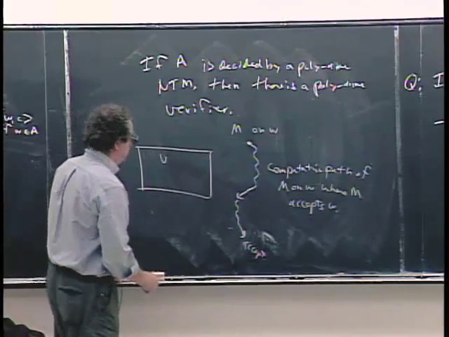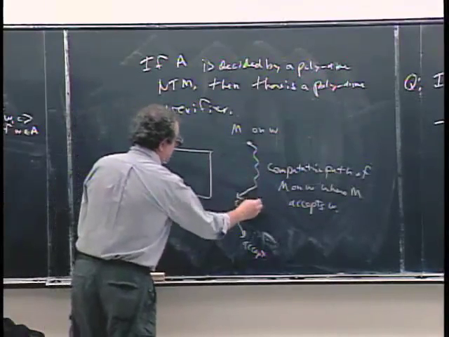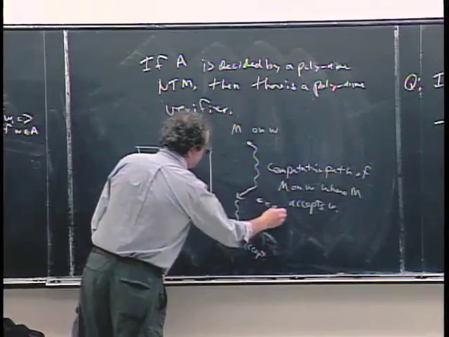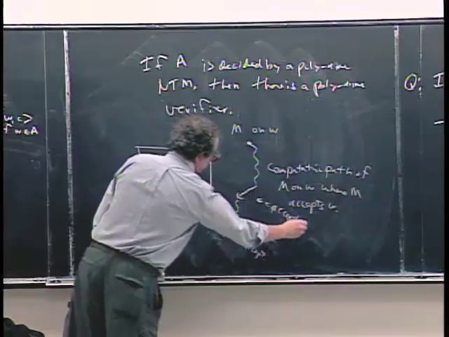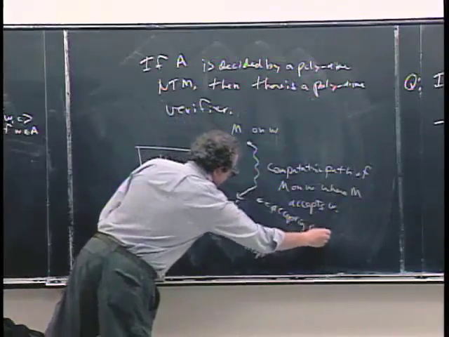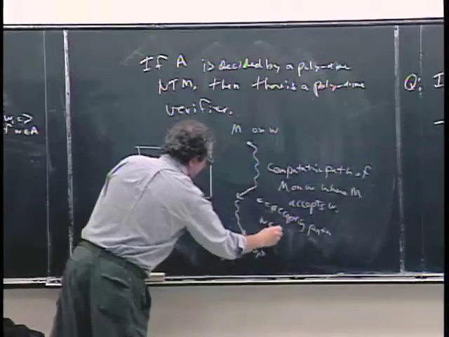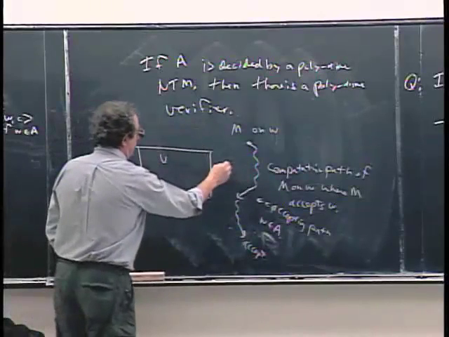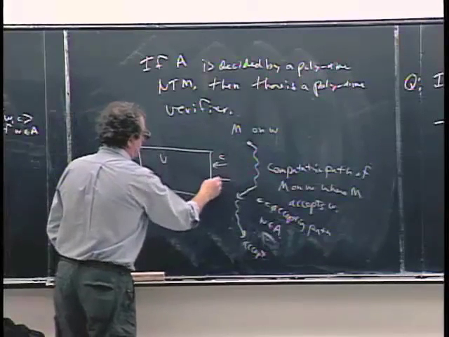The verifier, so this is C, is the actual path, the accepting path. Again, this is when W is contained in A. And so what's fed in here is C and W.